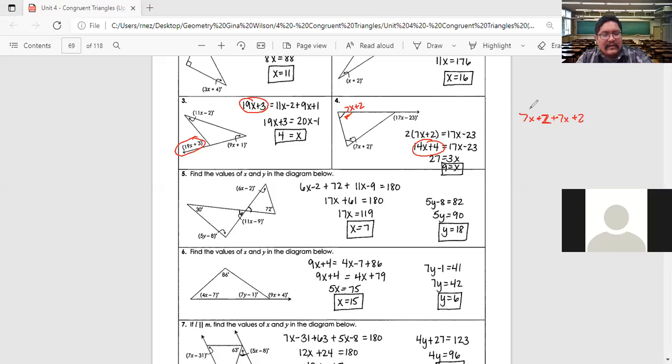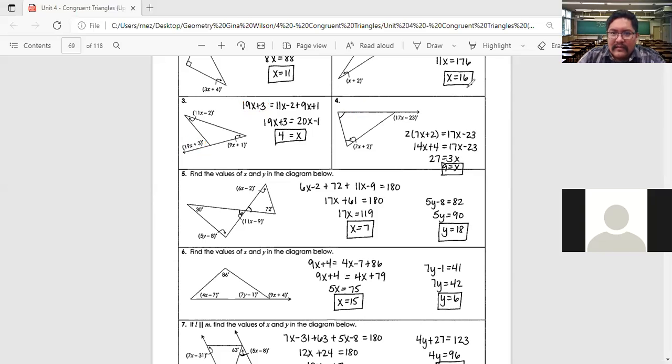That's just 2 ways of doing this, but they went with this way, and they're going to double it, because they know there's 2 of them that are exactly the same size. And let's see, 17x minus 14x would be 3x. Add 23 to both sides, so that'd be 27. And there we go, we get 9 as our x.